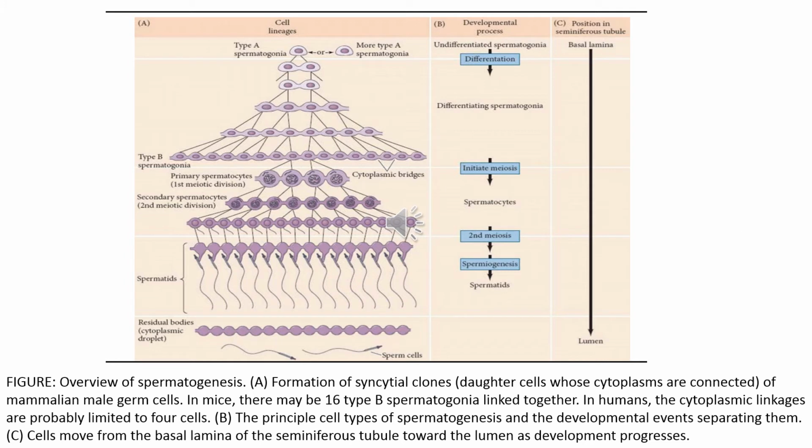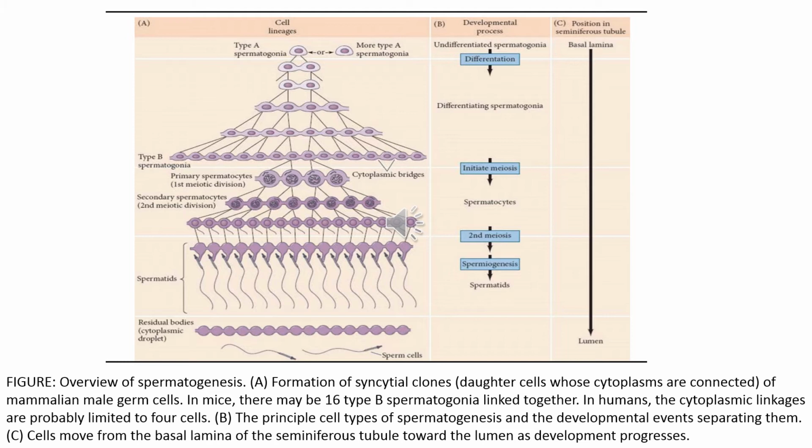Now, this is the diagram which summarizes what we have studied so far. See, type A spermatogonia will either give rise to type B spermatogonia, or it will give more type A spermatogonia. I have already told you it depends upon the factors present. If BMP and WNTs are more, then type A is going to differentiate into type B, and all this is mitotic.